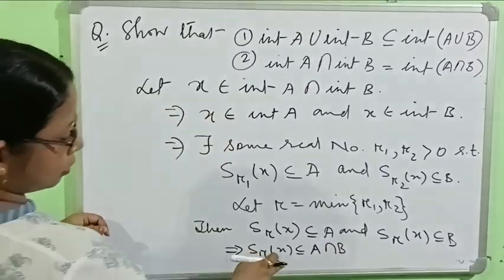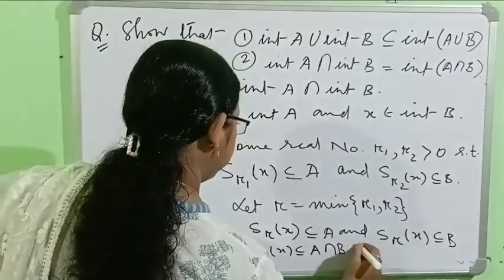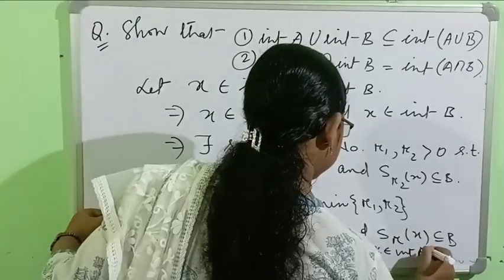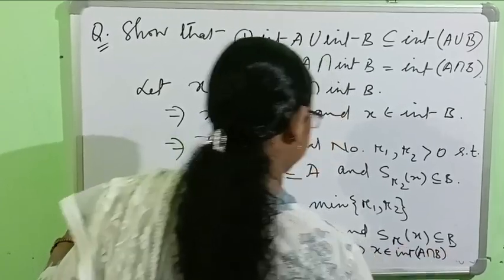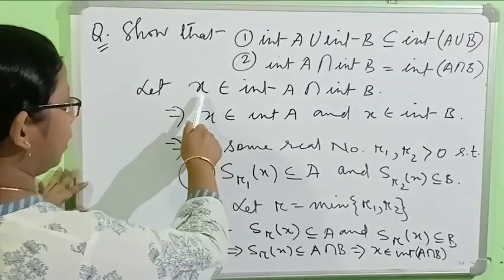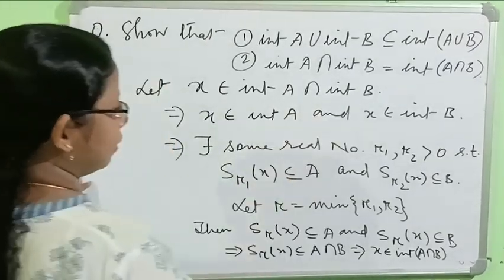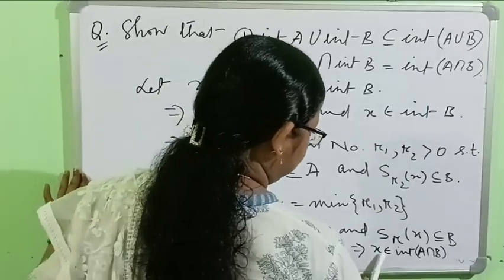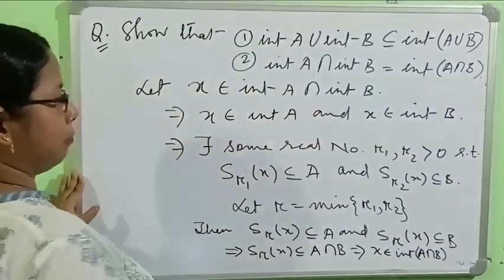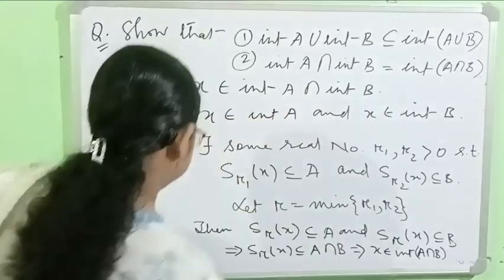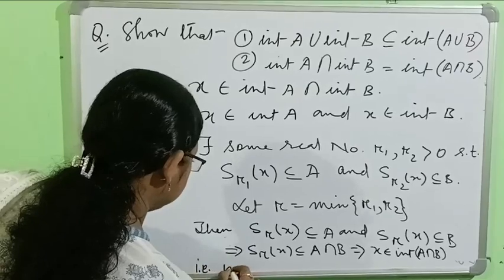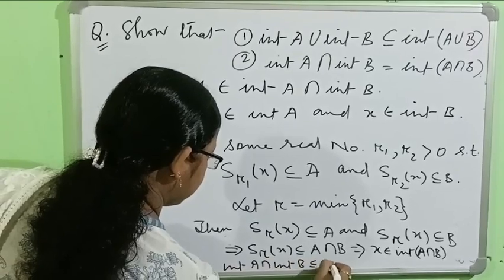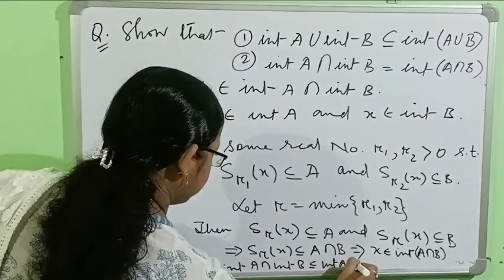If S_R(x) is contained in their intersection, this implies x belongs to interior of A intersection B. We have taken x as an arbitrary element in this set, and after calculation we have found x belongs to interior of A intersection B. That means interior of A intersection interior of B is a subset of interior of A intersection B.